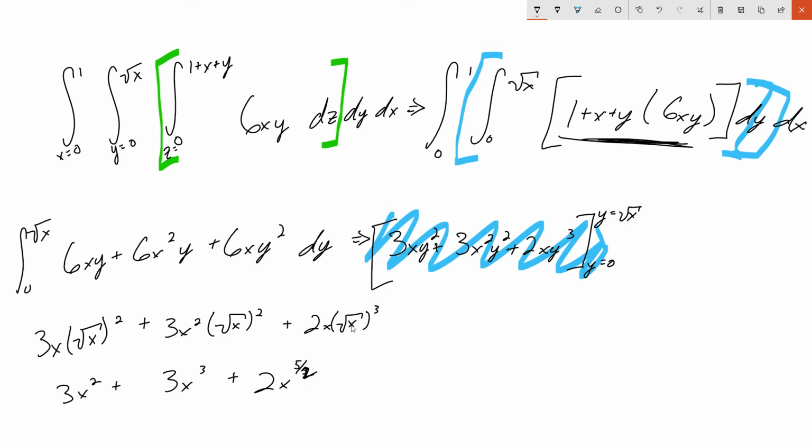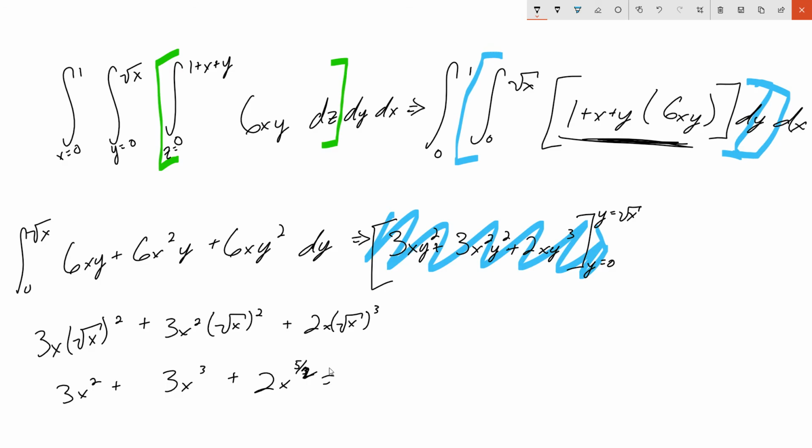Looking at this one, we'll have the x to begin with. Root x squared will give us x squared outside the parentheses. Then we still have one root x left over. So we essentially have x squared times root x, x to the 5 over 2.